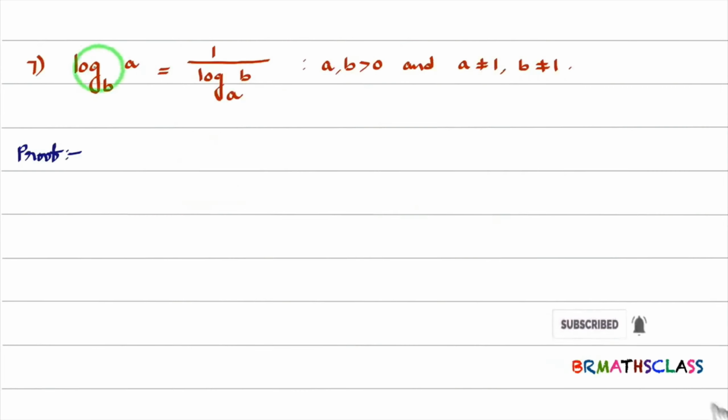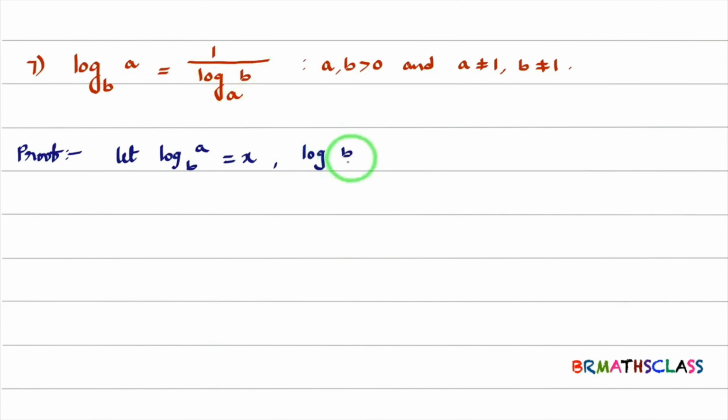Seventh property. Log a base b can be written as 1 divided by log b base a. This is also a very useful result. See here, log a base b, here a reciprocal is there, 1 divided by log b base a. To prove this result, first I'll consider log a base b as x, and you take log b base a as y.